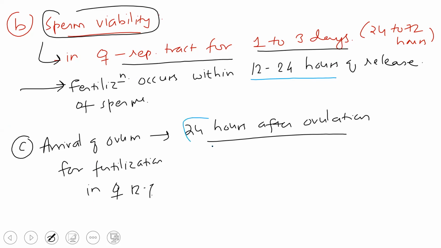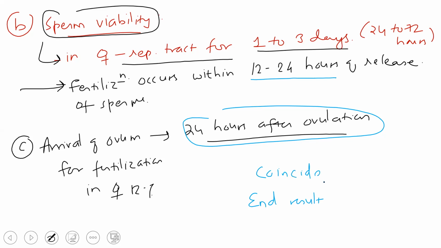Then only the end result will be fertilization. These events must coincide: the ejaculation, the copulation, then the ovum release, then the time during which the ovum will reach the ampulla, then the sperm viability. All this will coincide. Got it? Then only there will be fertilization.